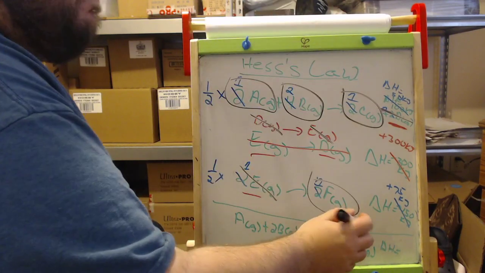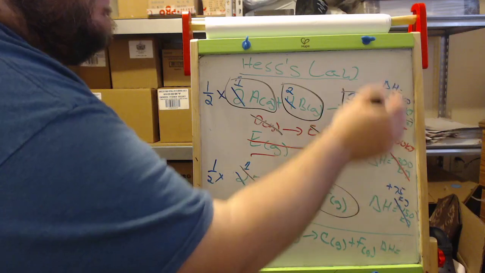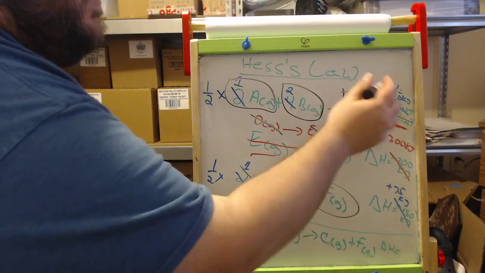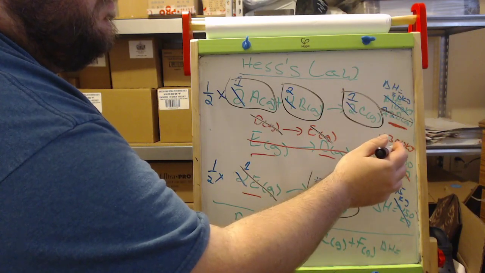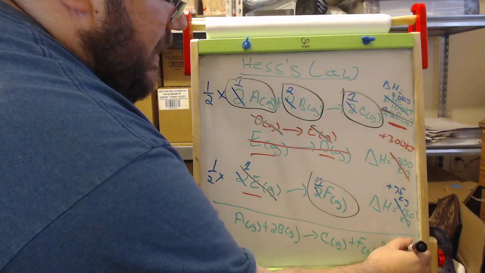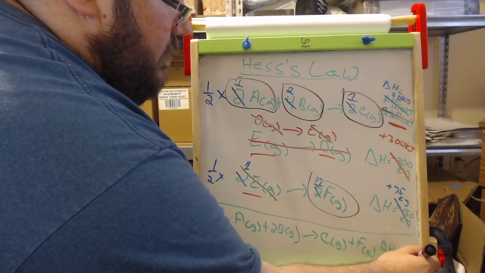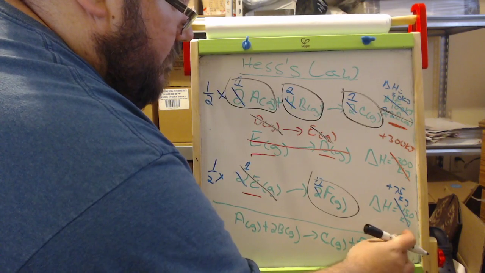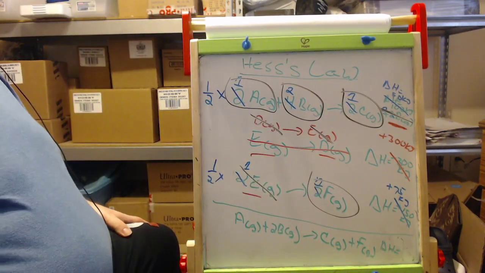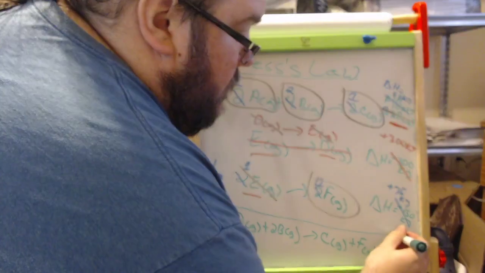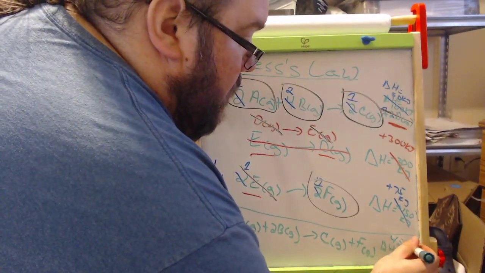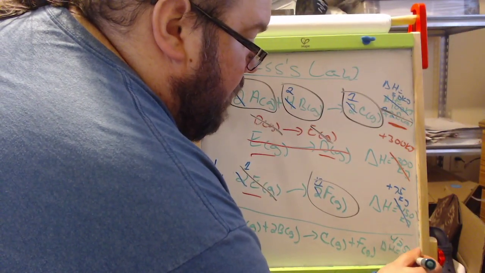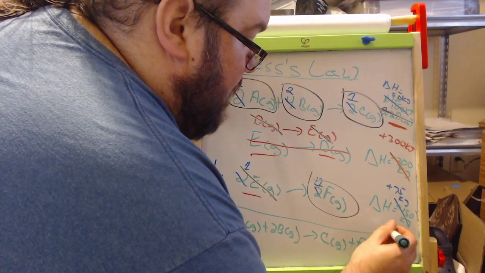Now, last step, add these together. 350 plus 75. My answer should be 425 kilojoules, and it should be a positive.